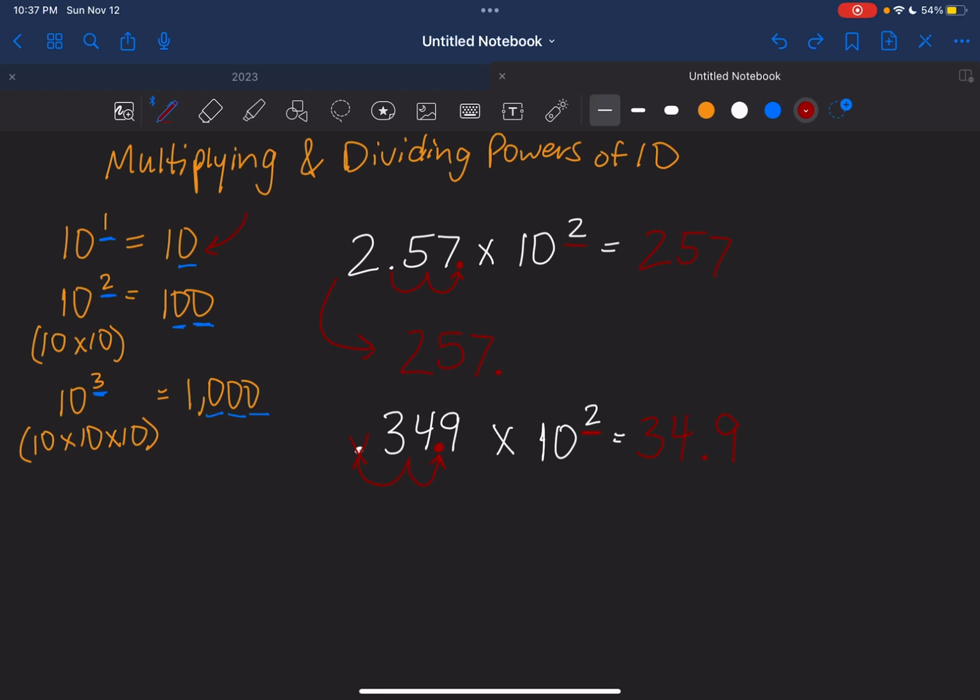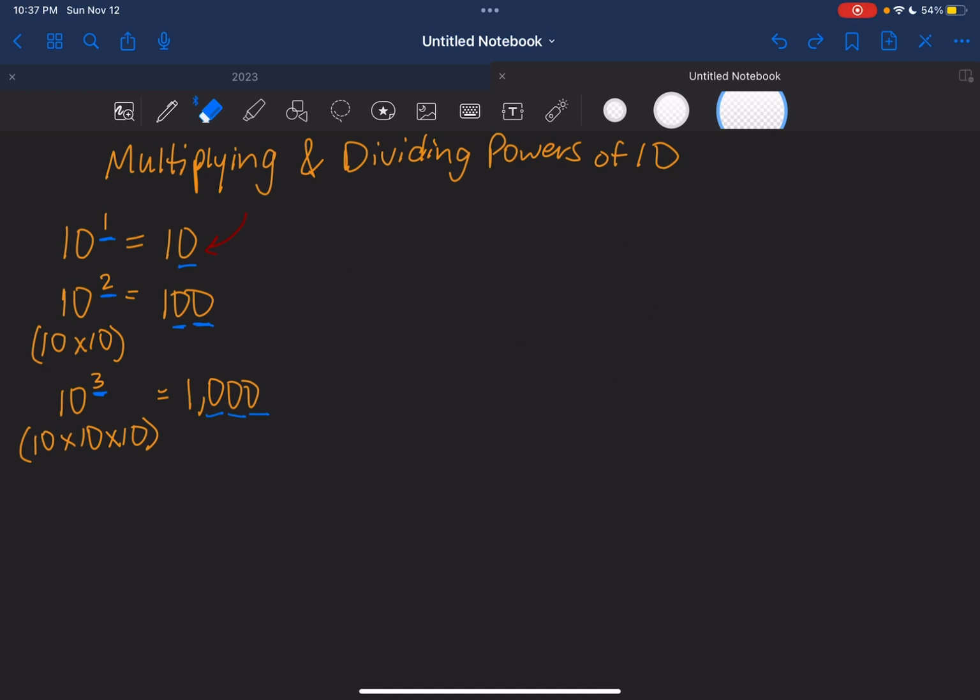Now, if I wanted to look at it from a division point of view, let's go ahead and erase these. Division is pretty much, I mean, it is the opposite of multiplication. I'm just taking my number and I'm making it smaller. When I divide a number, it's going to be smaller than what it started off as.